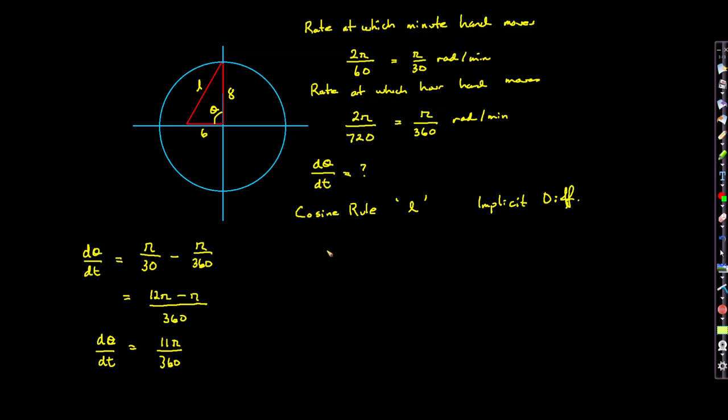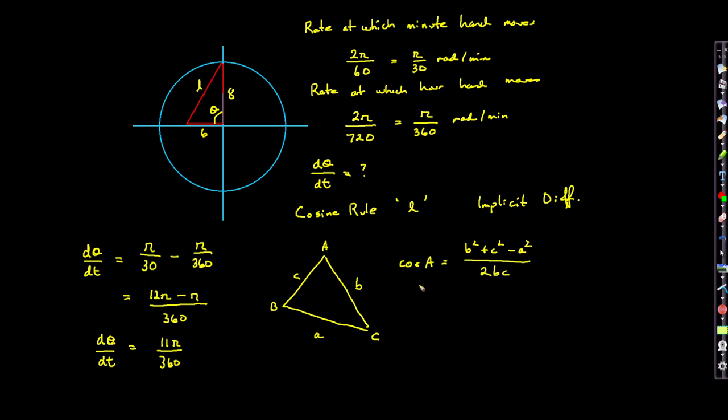Now the other thing I want to do is get an expression for this length here. So I'm going to use the cosine rule. To remind you, if you have a non-right angle triangle, where this is angle A, side A, angle B, side B, angle C, and side C, then cosine of A equals B squared plus C squared minus A squared, over 2BC.